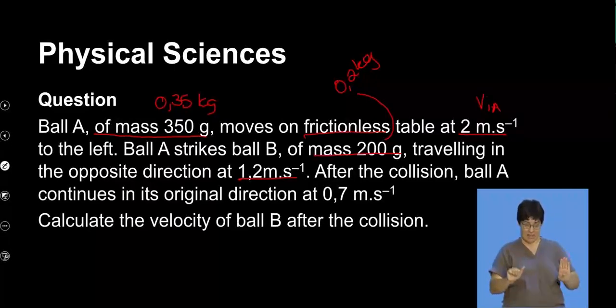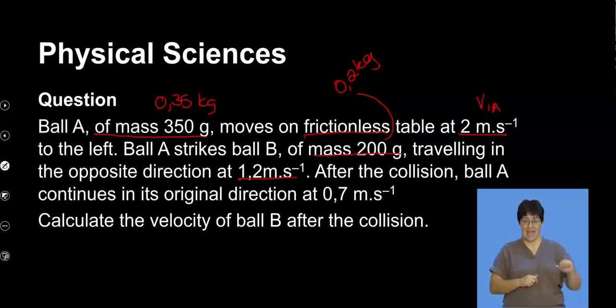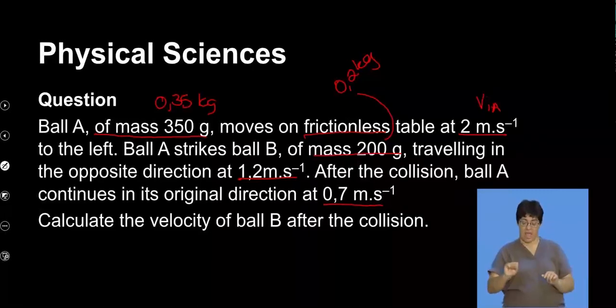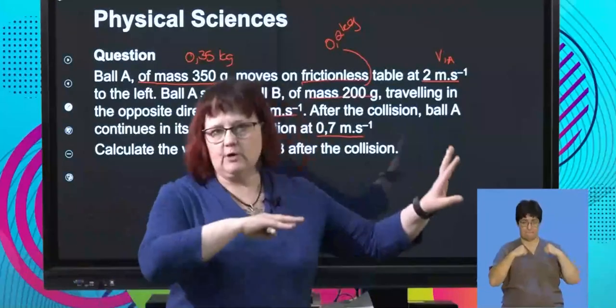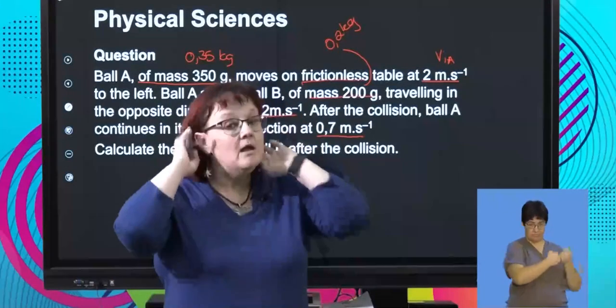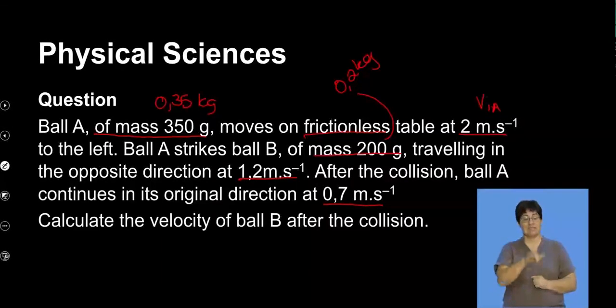Then they say after the collision, so they hit each other, ball A continues in its original direction at 0.7. I showed you a situation where they could collide and they keep going, end up going in the same direction. Now they ask you, what is the velocity of B after the collision?